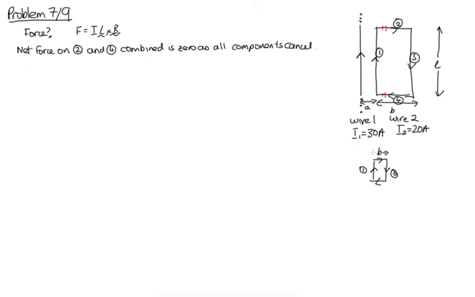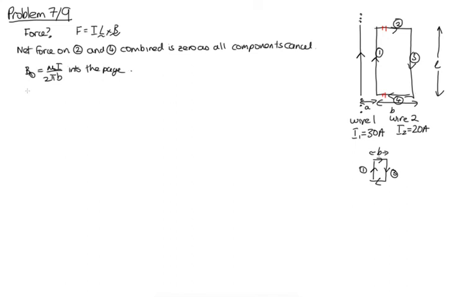This is a distance B. So we know that the magnetic field on side 1, so that's on this side, due to this wire is given by mu naught I over 2 pi r, but r in this case is B. And then if we use the right hand screw rule, aligning your thumb with the current on side 3, you can see that this magnetic field is going into the page.